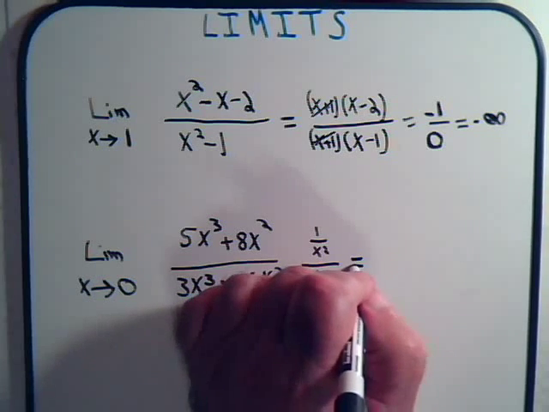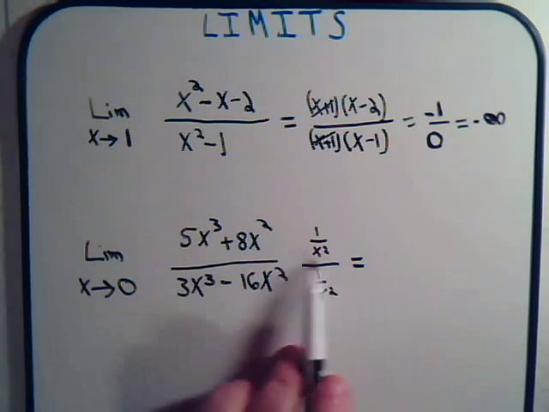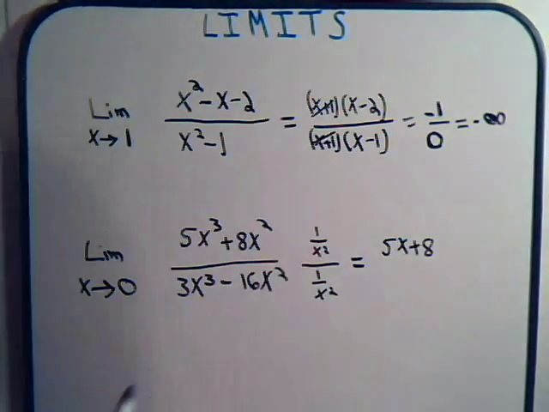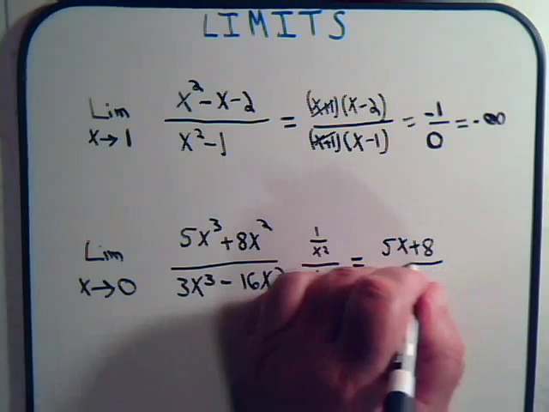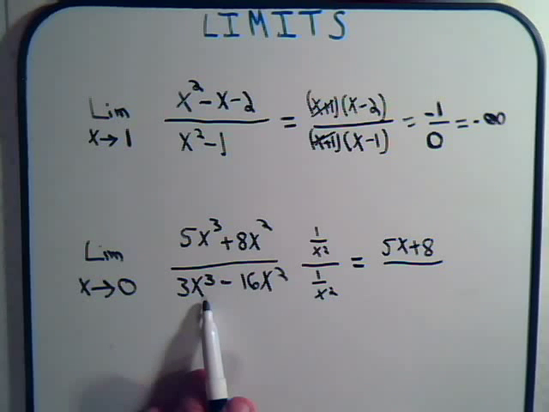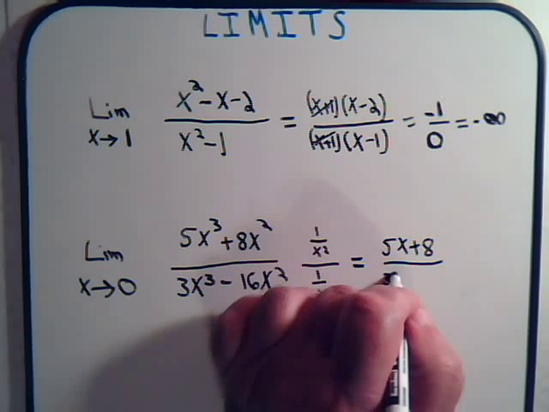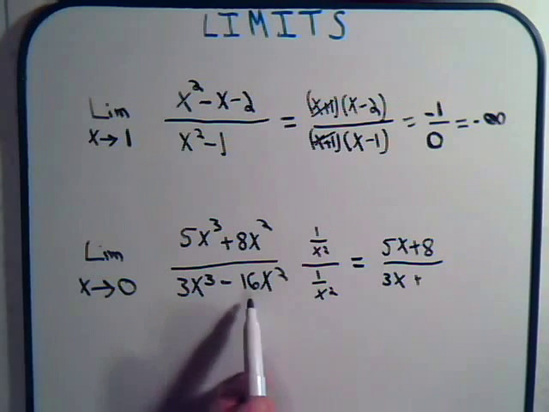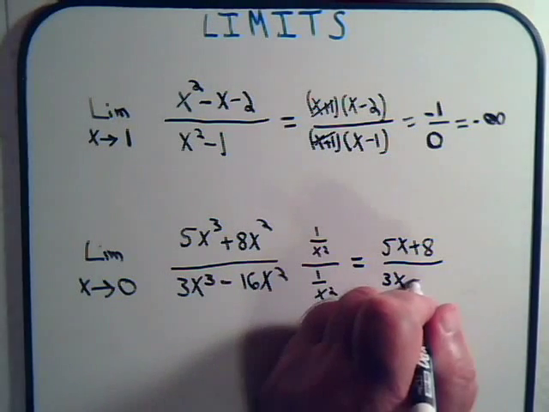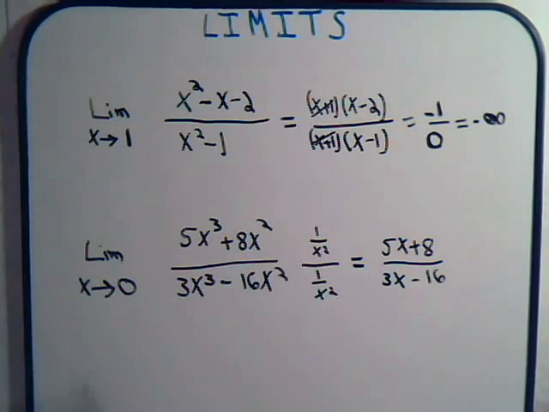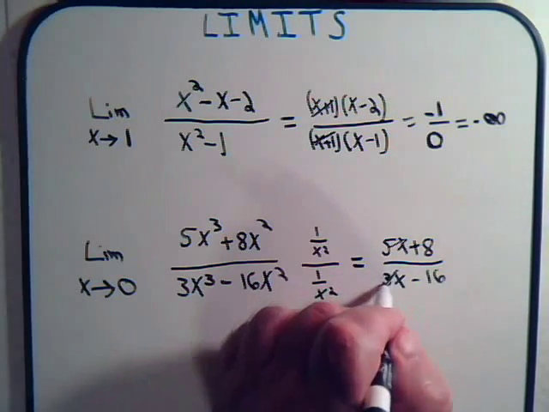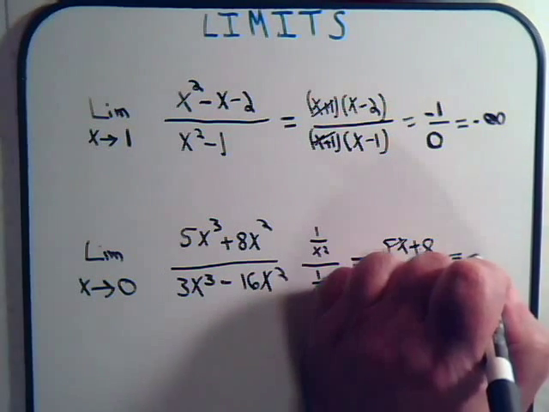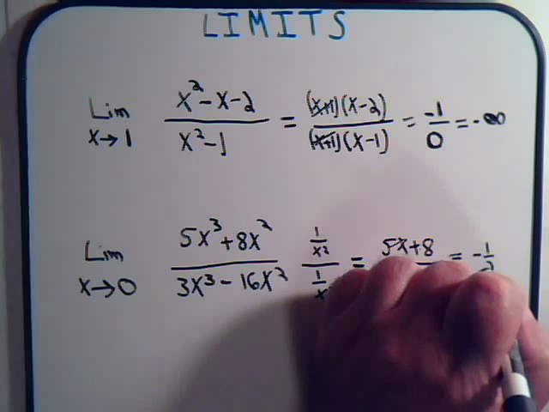And then this will be equal to 5x plus 8 divided by 3x plus x squared divided by x squared, which is just 1. This will actually be minus 16. Now when x becomes 0, these go away, but we have these left, 8 over negative 16. So that limit there is actually minus 1/2.